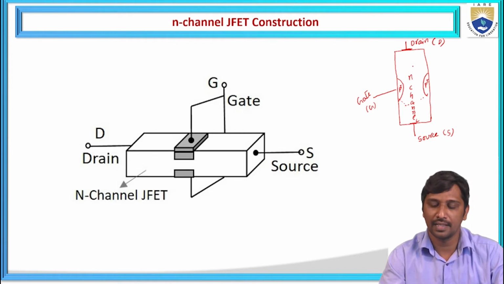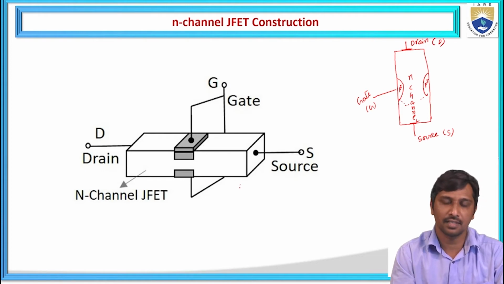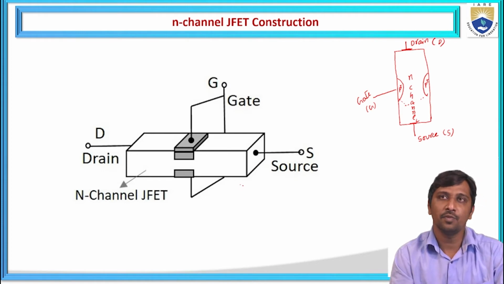Because of the length of the piece bar, here it is called the channel. And this channel is made up of an N type material, hence it is called an N channel JFET. So I have shown this representation of N channel, and whether it is an N channel JFET or a P channel JFET, this FET contains three terminals.